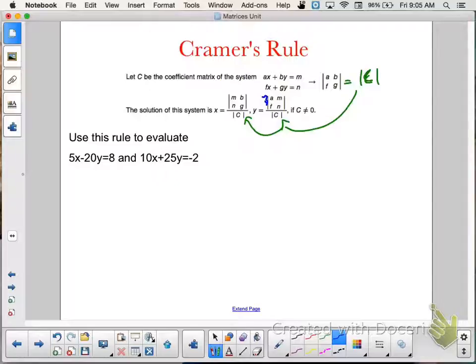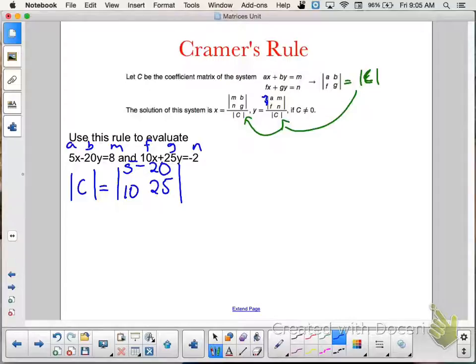So what I like to do first is I like to write down what each of my variables are. So I know A is 5, B is negative 20, M is 8, F is 10, G is 25, and N is negative 2. By doing that, now I can figure out what my coefficient determinant is first. It will be AB, so 5 and negative 20, FG, which is 10 and 25.